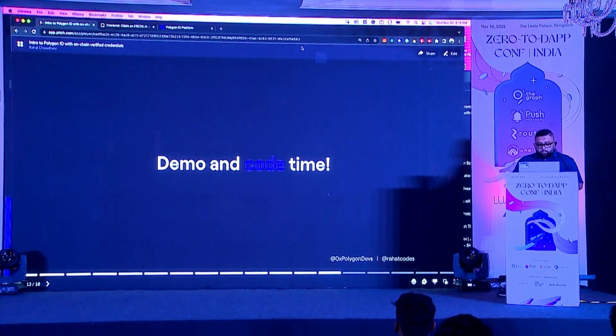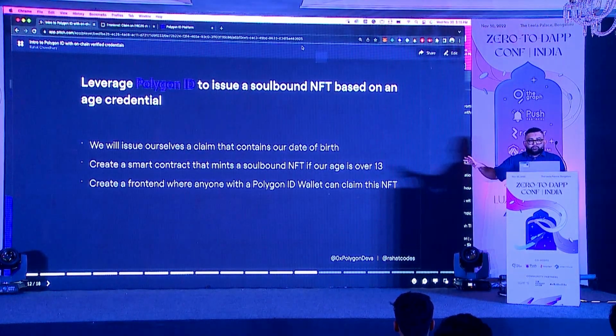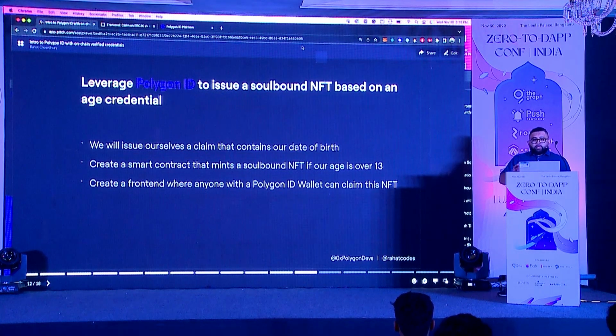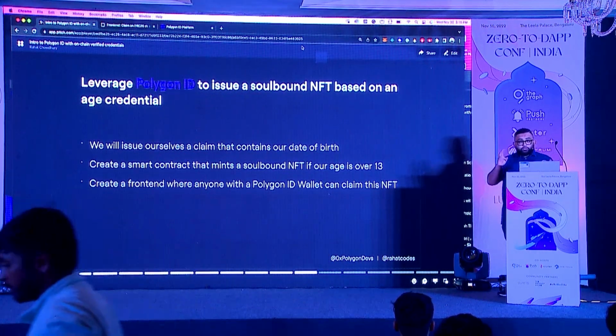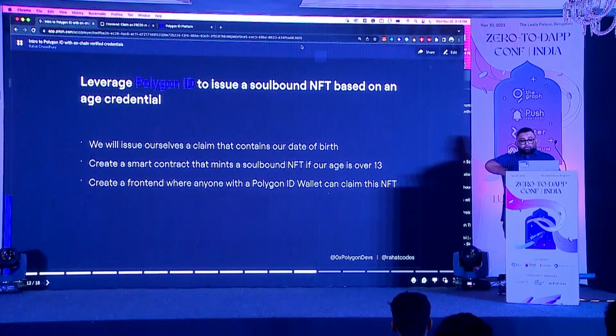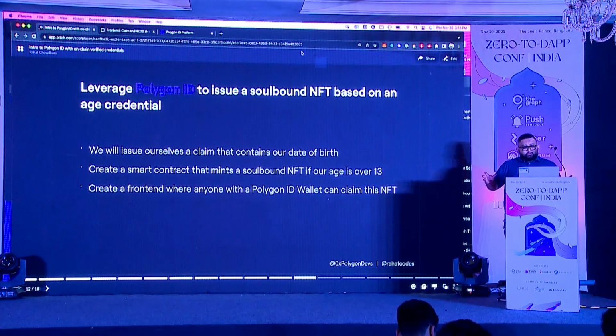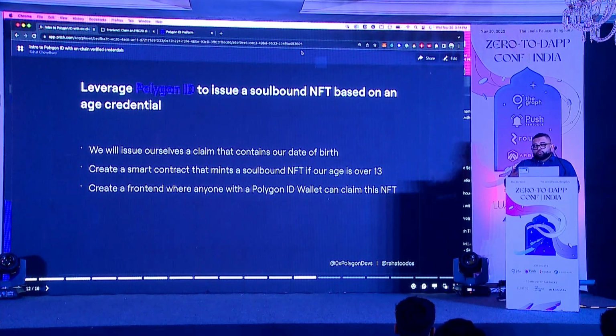One thing to visualize in this specific example is that we're wearing two hats. We're going to be issuing ourselves a claim. We're also going to be acting as a verifier. In real life, these would be separated. You would have some service that issues you a claim.